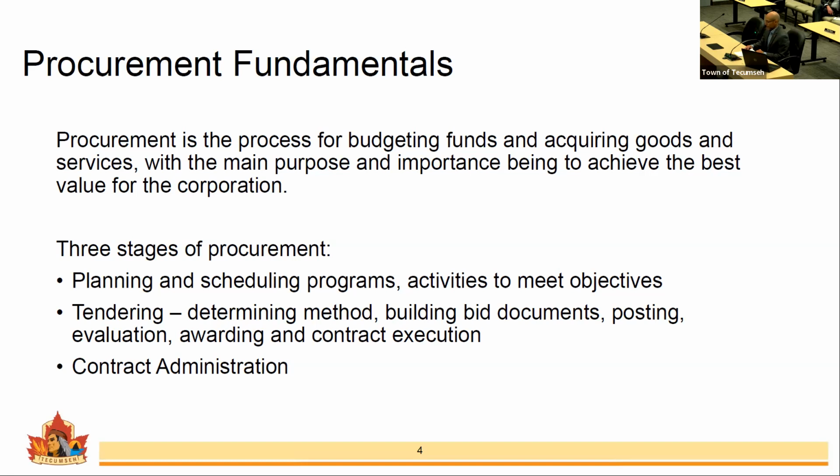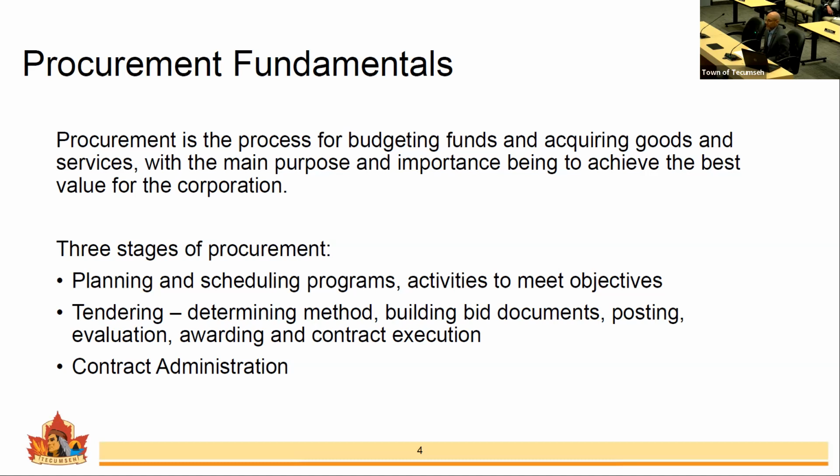Public tendering is an area that has changed dramatically over the past 5 years or so. So where in the past we would have considered several different posting avenues, such as newspapers, our town website, professional associations, now we use electronic tendering exclusively, which is a digital platform that extends our reach and allows for process efficiencies. Evaluating submissions.